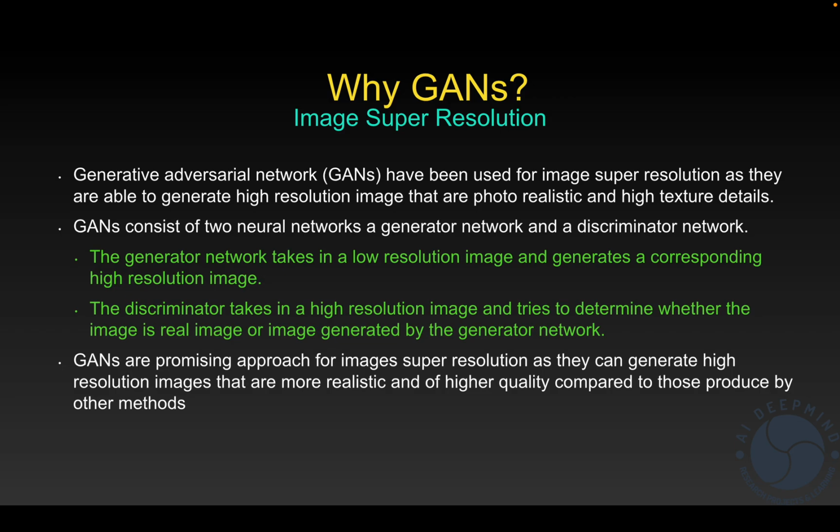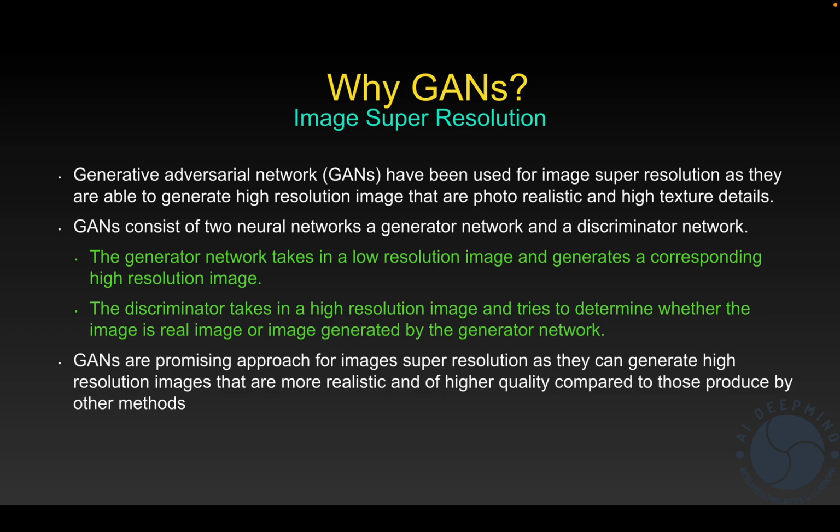The discriminator model will try to say which is the real image and which looks like a fake image. We will go into much more detail about the discriminator loss and generator loss. Here I am just giving the overview of everything.